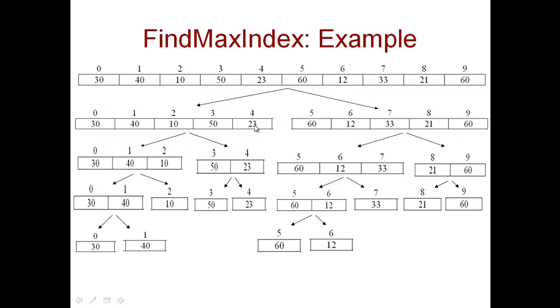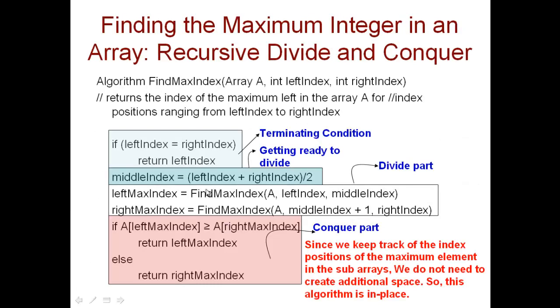Now you call findMaxIndex on this subarray ranging from left index 0 to, now this is our new right index 4. Once you divide, you call findMaxIndex starting from left index to middle index. So you don't even pass the control to the next statement. You just work on the first recursive call right away.